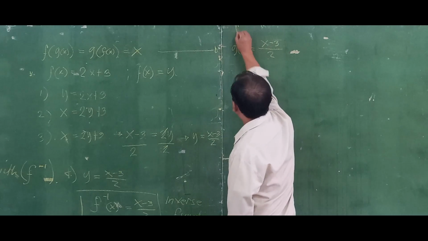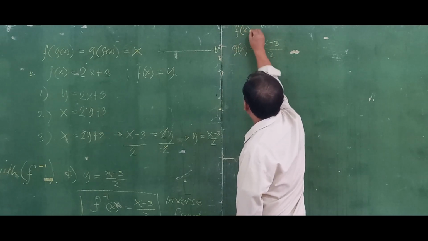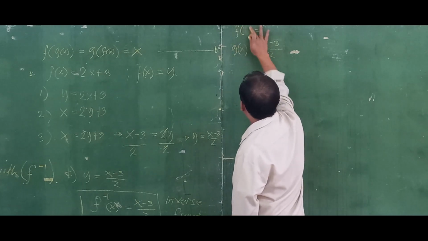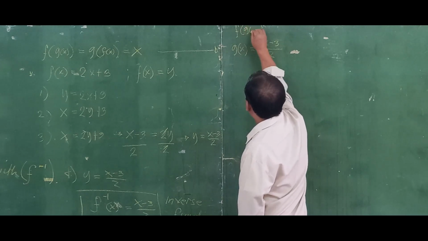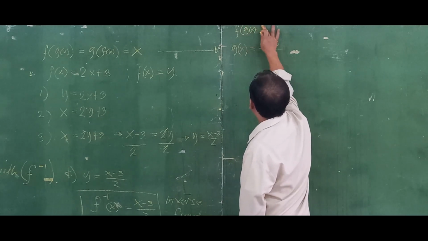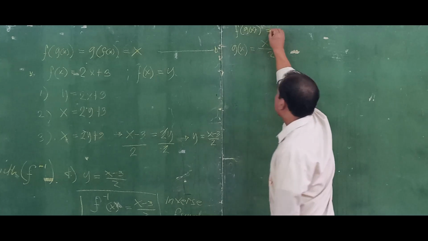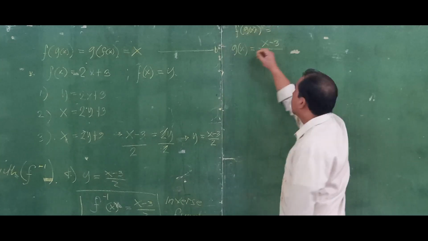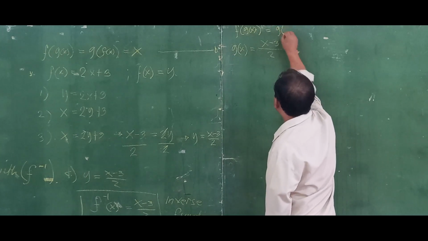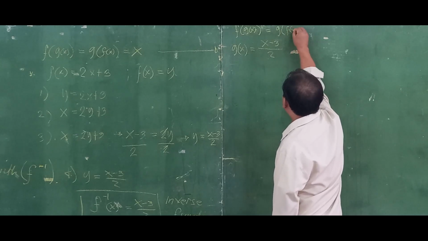Originally, we say f of g of x is the same as g of f of x.